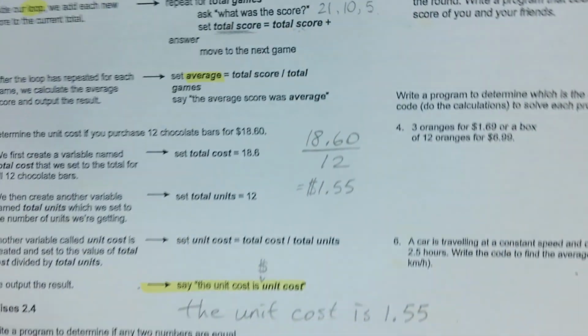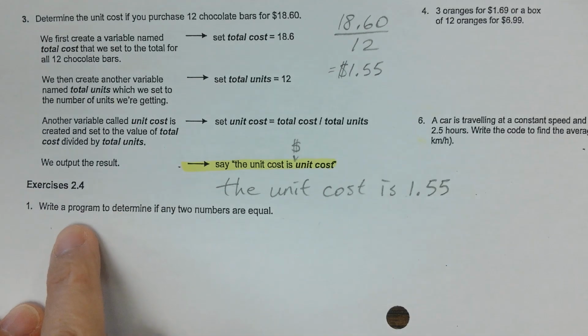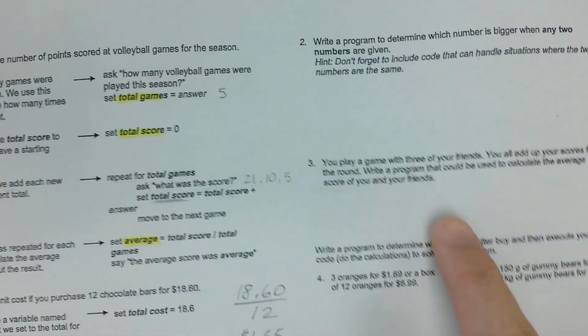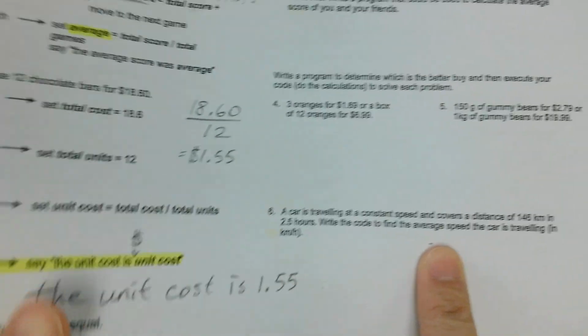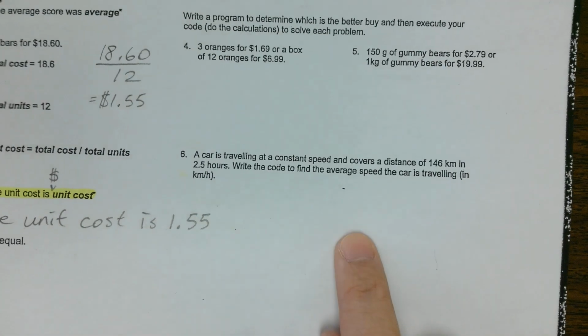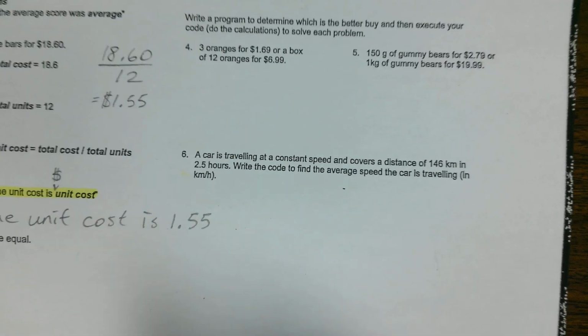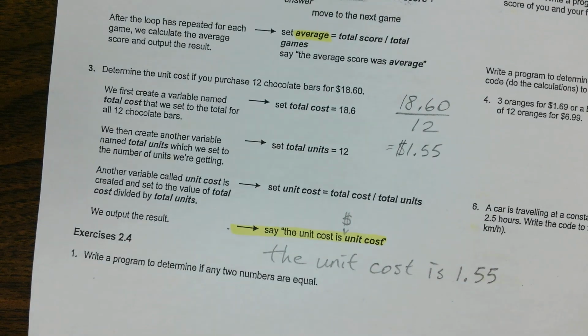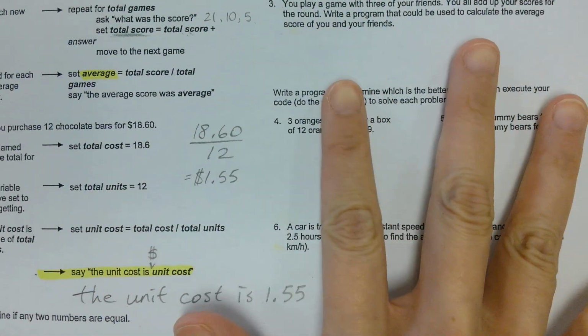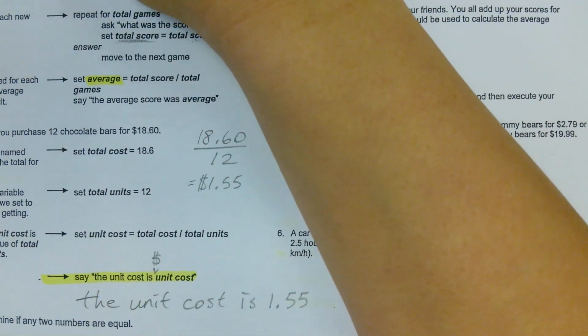Okay, so for the rest of the class, if you guys can try these 1, 2, 3, 4, 5, 6, try doing these 6 coding questions. I don't need it to be perfect, but I'm testing you guys on the idea.